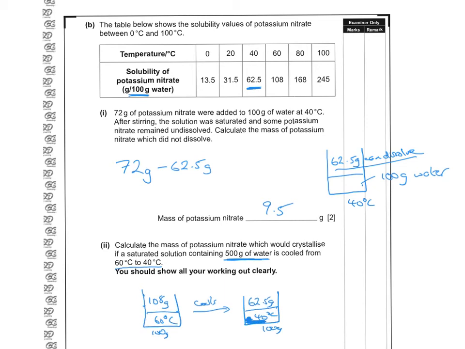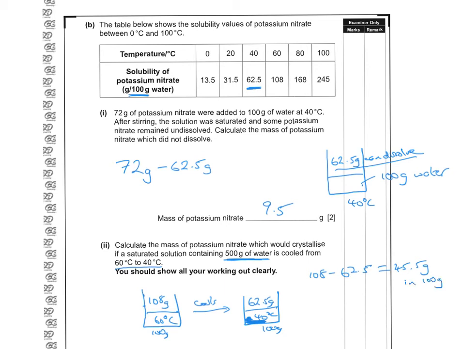So the mass of potassium nitrate that will appear will be 108 minus the 62.5, and that will equal 45.5 grams. So this is the mass that will not dissolve in 100 grams.